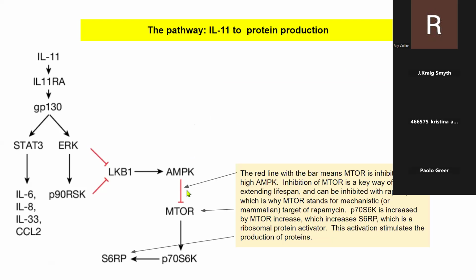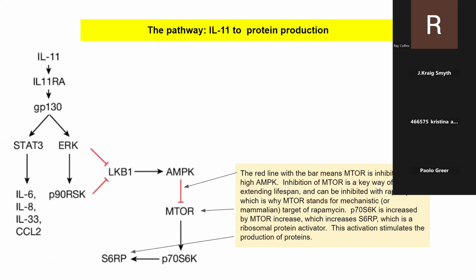So this red line with a bar means that mTOR is inhibited by high AMPK. And inhibition of mTOR is a key way of extending lifespan.